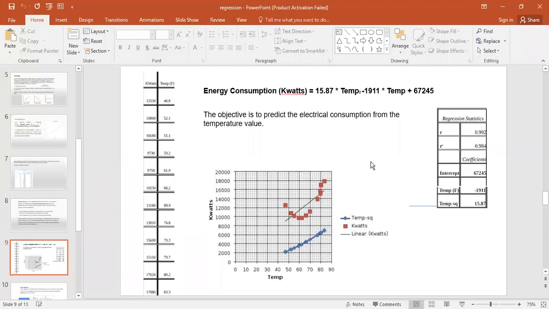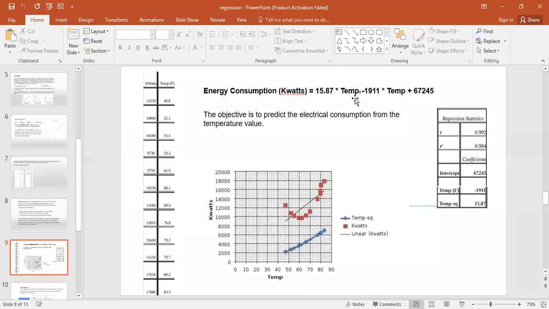As we have said, we need to calculate the correlation values, that is the coefficient of correlation, the R value. After squaring the temperature, the value obtained is this: the R value is 99% and the R square is 98%. Based on these values, we come across this equation or formula: 15.87 into temperature square.